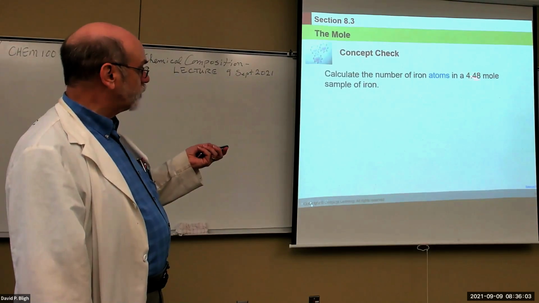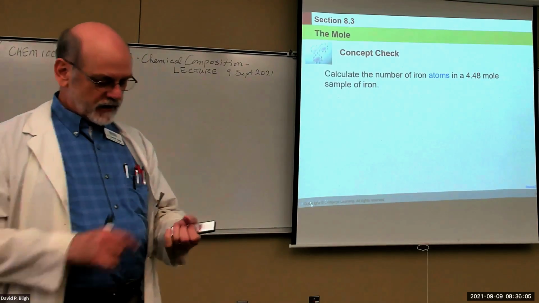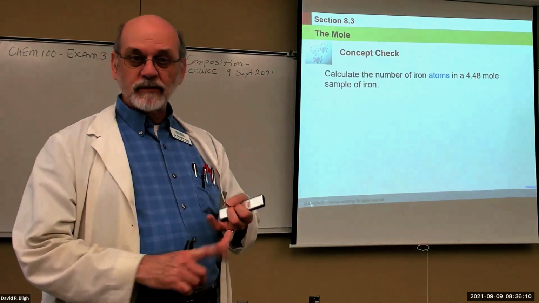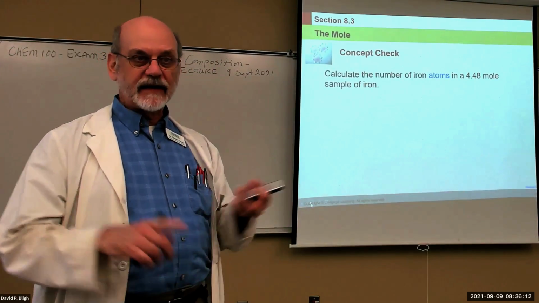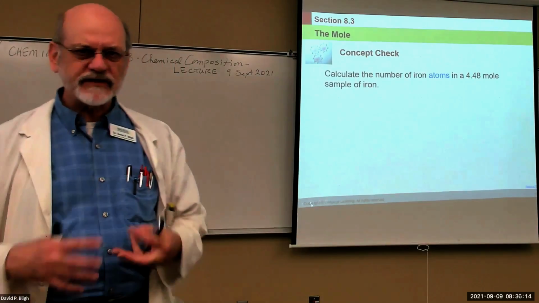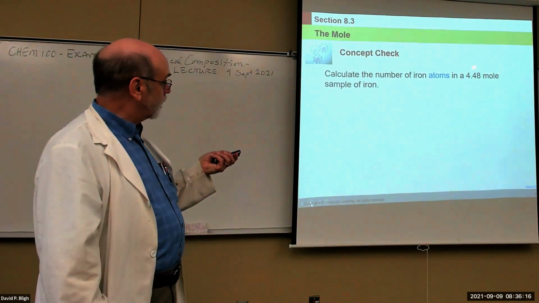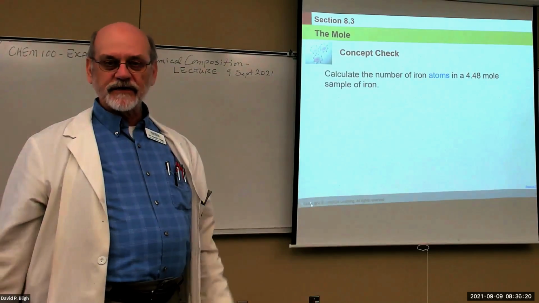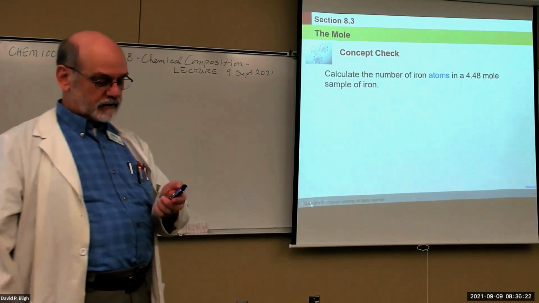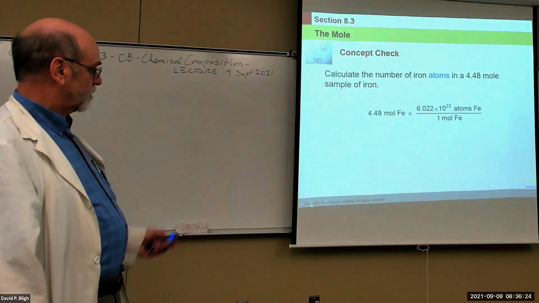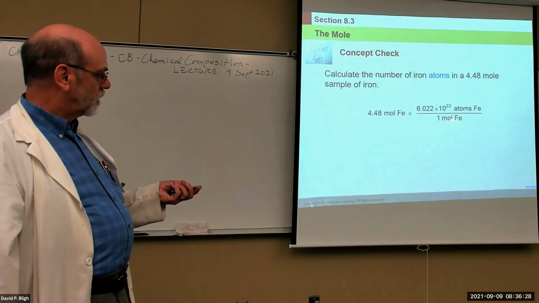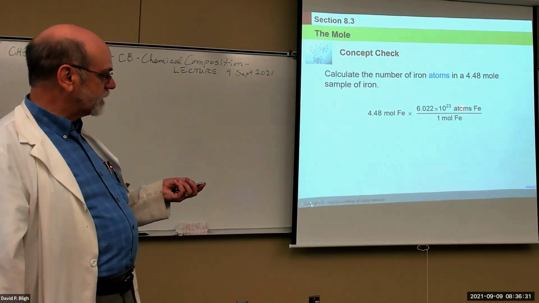We can have 4.48 moles of iron, aluminum, vanadium, any of the elements mixed together. If we know that many moles of the total, then we can calculate the number of atoms. It doesn't matter what they are. So we just use this as our conversion factor. It cancels the moles and leaves us with atoms.